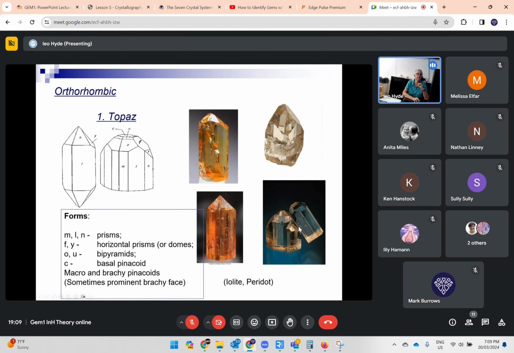Okay, if it's a rectangular shape, you've got prisms. Well, have we got prisms? Yeah. We've got that one and that one the same, and those 2 are different. But if there's more faces than that, we can have prism faces.